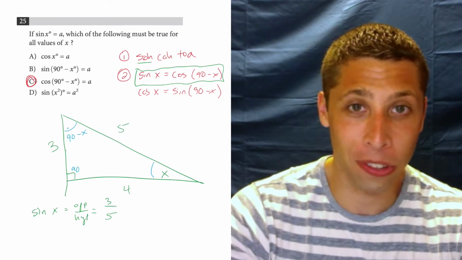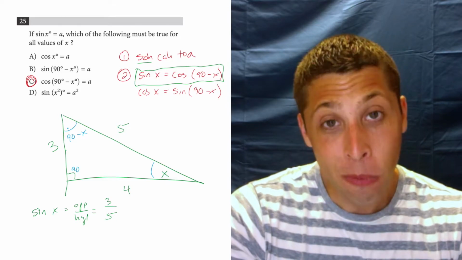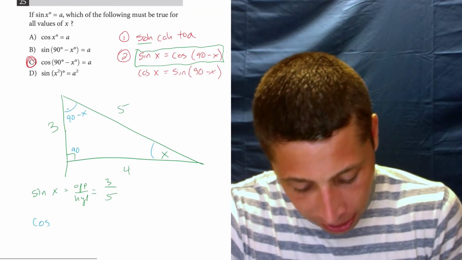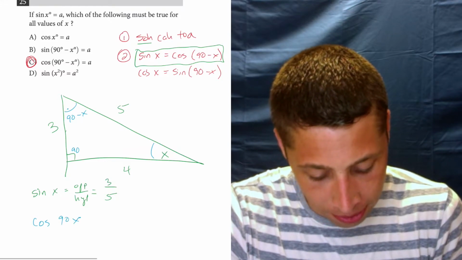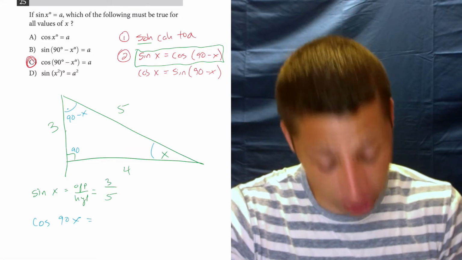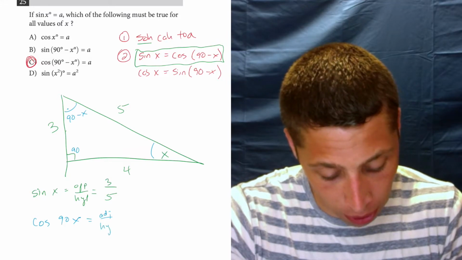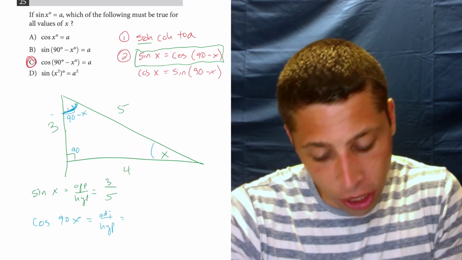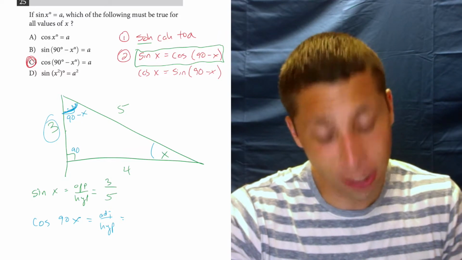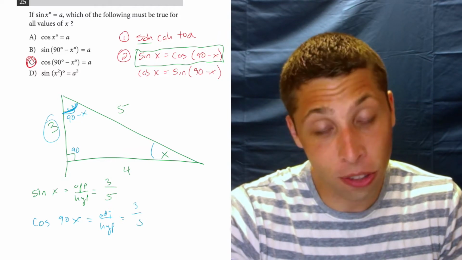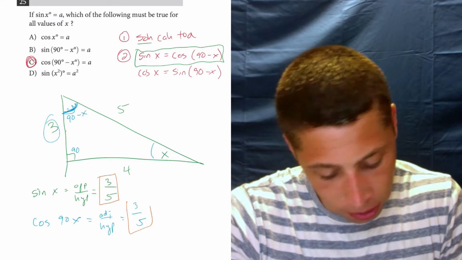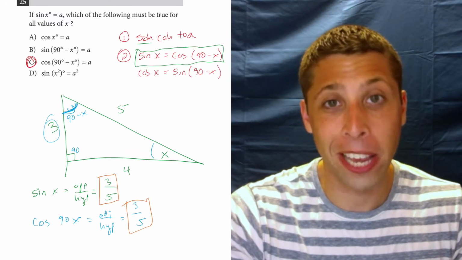It's just the rules. So if I needed to do cosine of 90 minus x, well, cosine is always the adjacent over the hypotenuse. And now we're talking about this angle right here, and the adjacent side is 3, right next to it. And the hypotenuse is still 5. So look what we have here. 3/5, 3/5. Those are the same.